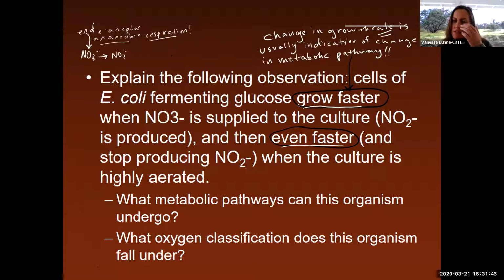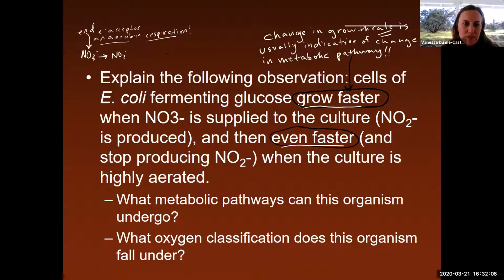Okay, the last thing I want to note before we go through this step by step is that organisms preferentially, if they're given the opportunity, will change their metabolic process to the most energy favorable process.